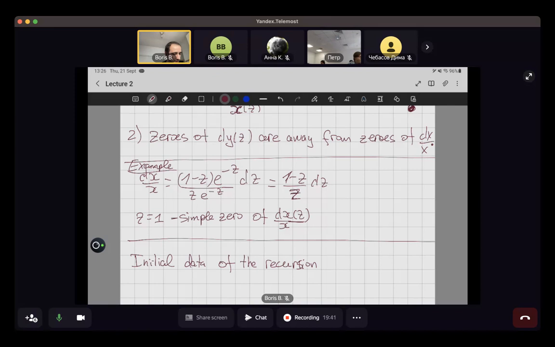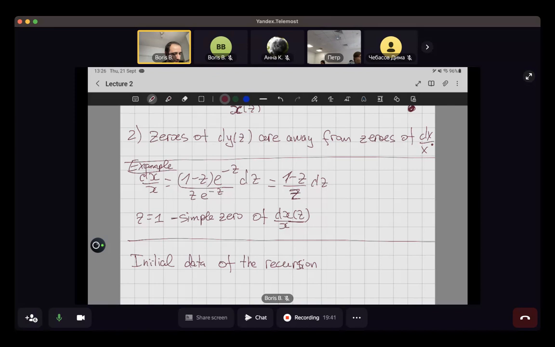Okay, if log x of z is z squared, then we have simple critical point 0, and with this involution, sigma of z is just equal to minus z. So we have two branches, and the involution just changes these two branches with the minus sign.